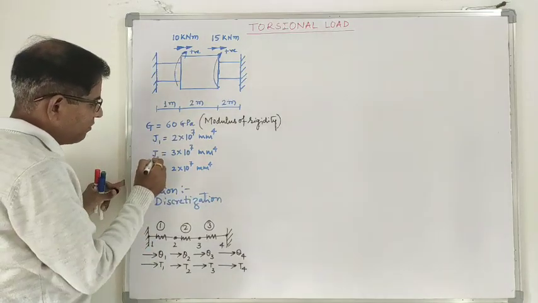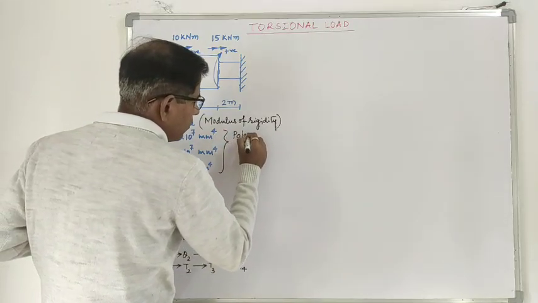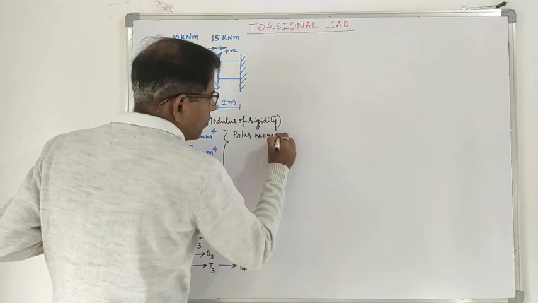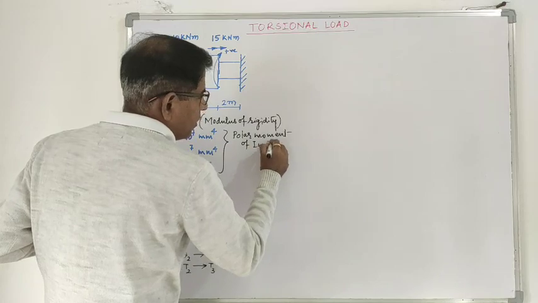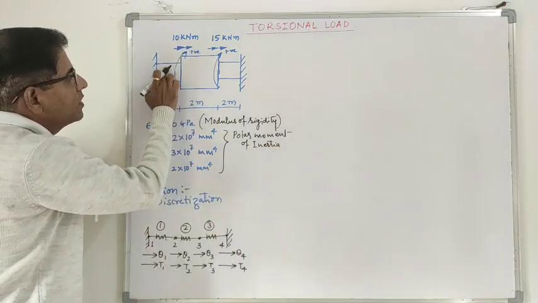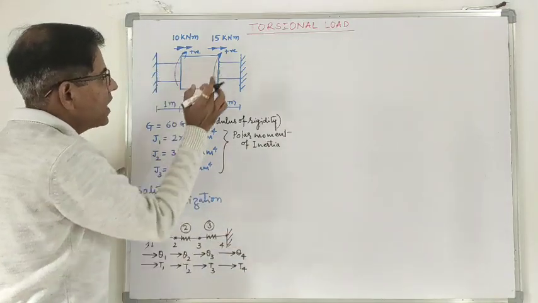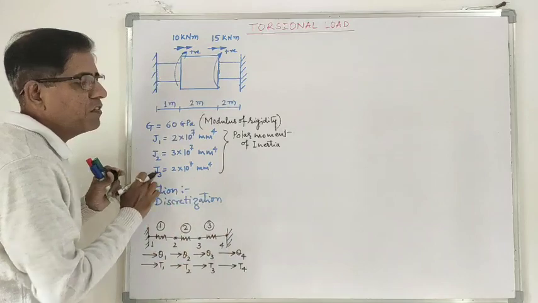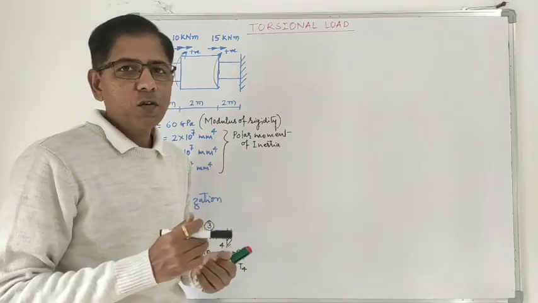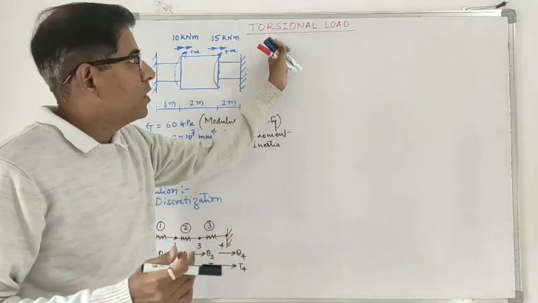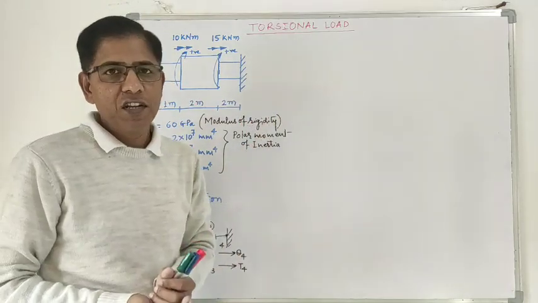Then there are J1, J2, J3. These are the polar moments of inertia. Here the diameter of this step shaft is not given, so in place of diameter, polar moment of inertia is used. In case of point load, we need cross-sectional area, but for a torsional loading problem, we require polar moment of inertia.